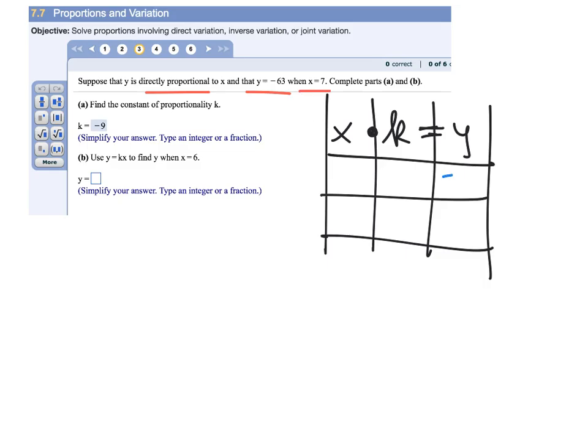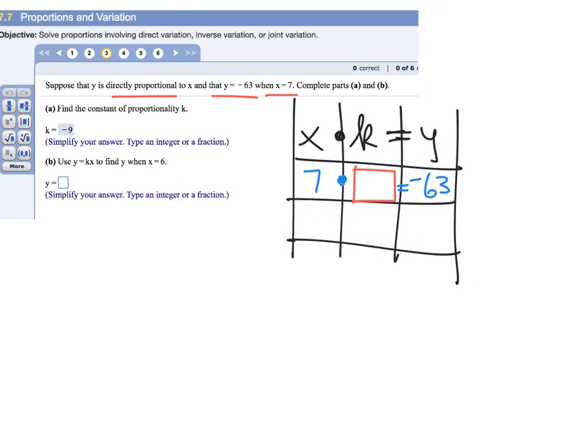So you've got negative 63 when x is 7. So that means 7 times something has to equal negative 63. So what does that mean? Well, we're going to do negative 63 divided by 7, and that gives us k. And so that means k is equal to negative 9, and k is allowed to be negative.